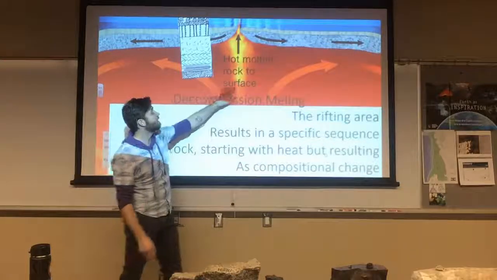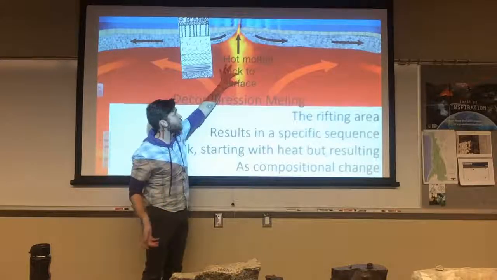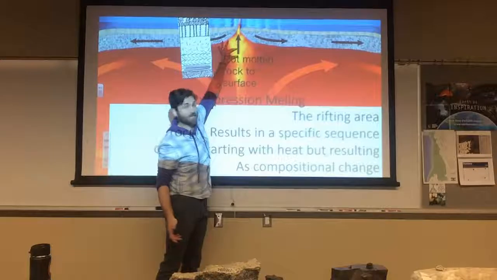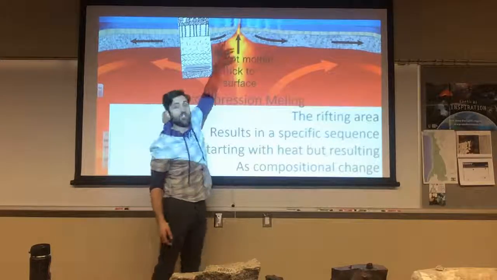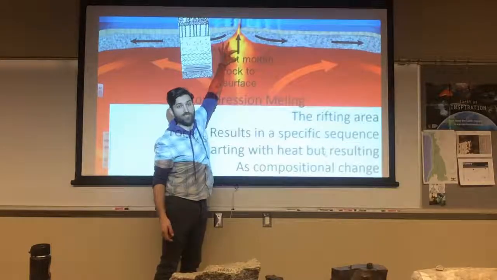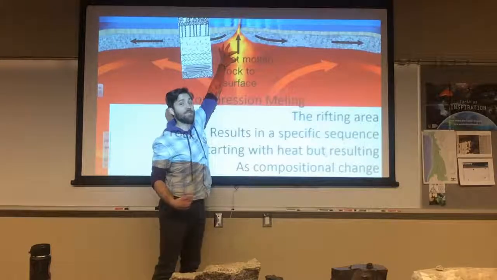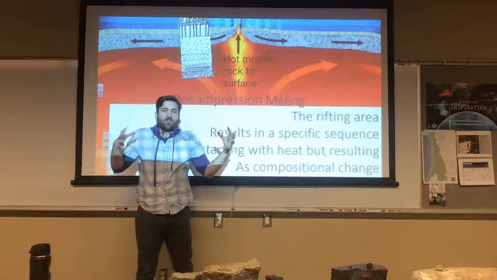And what's happening here, as rock, remember the mantle is solid, as rock goes from this place to this place, right? This is going from a deeper level to a shallower level, from higher pressures to lower pressures, right? What's happening here is this material is undergoing a decompression, right?